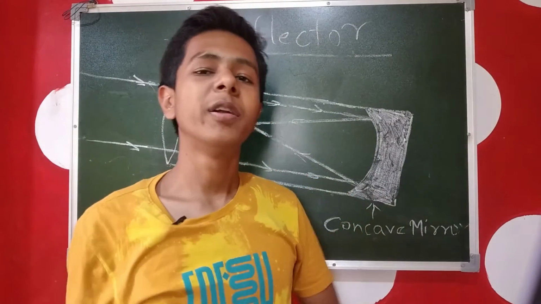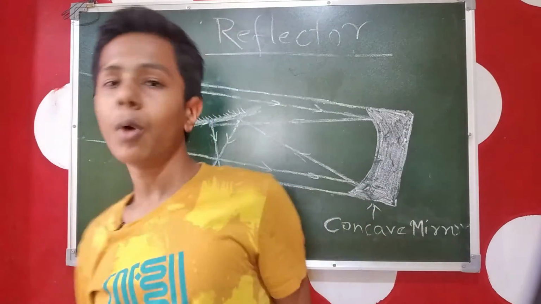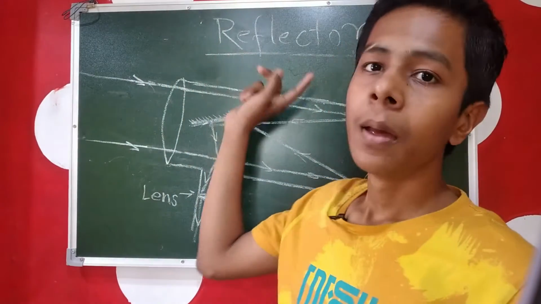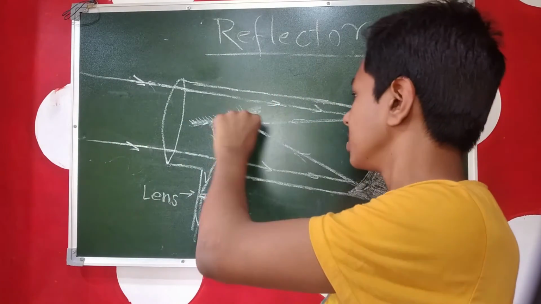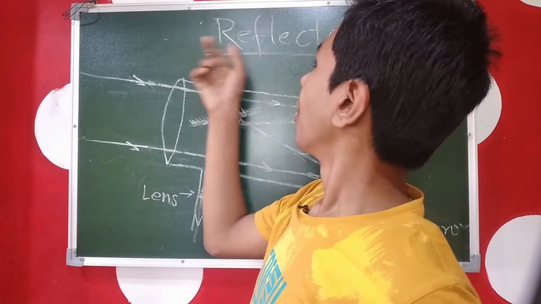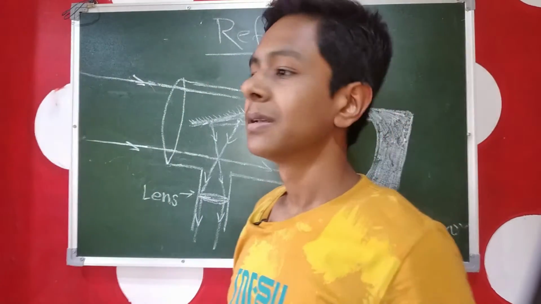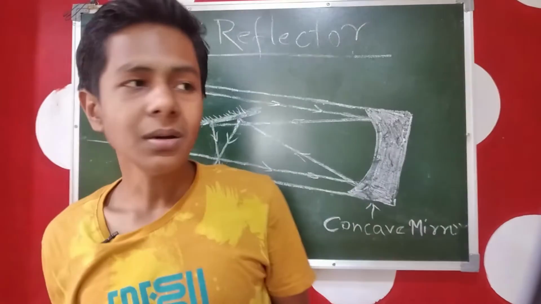That was how a reflective telescope works. Now I hope you understood why its name is reflective, because it works by reflection of light, like it reflects here and here, and that's how it works. So it is known as a reflective telescope.